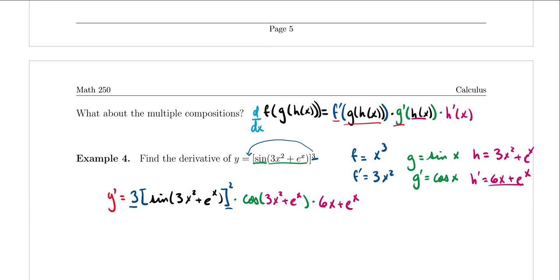Now what would we be missing here? You got it. Don't forget, gotta include parentheses here. And this is it. This would have been the full derivative for y prime.